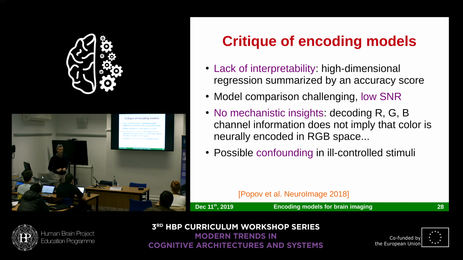Critique of encoding models. This is interesting. I think there is some value in these models, but there are also some limitations. Maybe the first one is a lack of interpretability. Because typically, I told you that we estimate a beta in each voxel, which says how strongly each stimulus feature explains activity in this voxel.